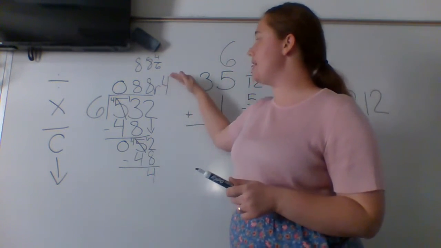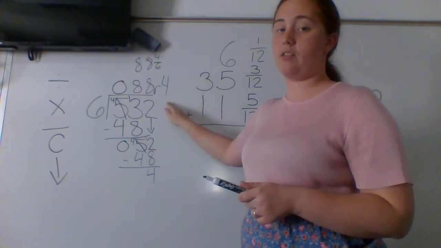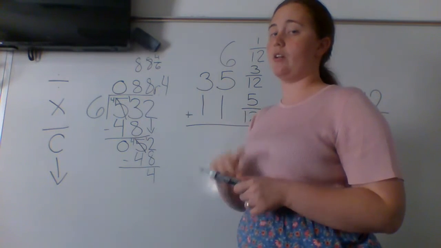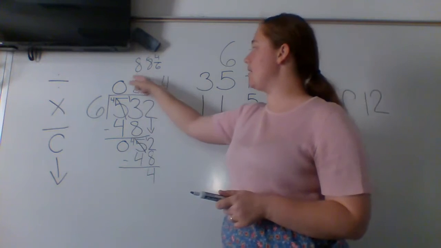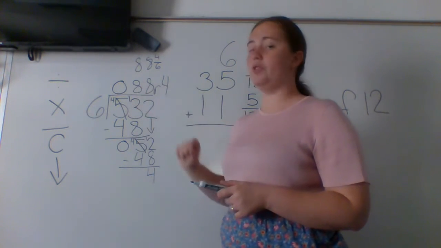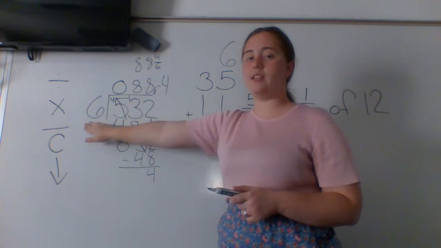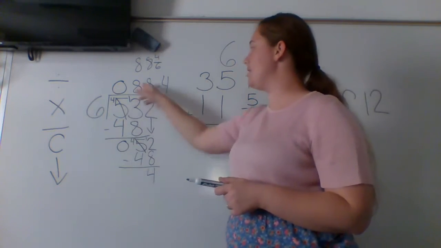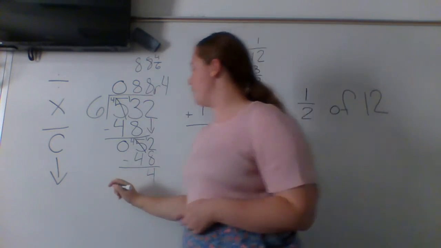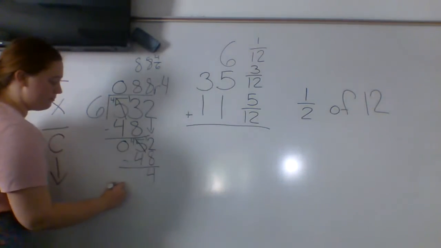Okay, another thing is we will have to check this, but I trust that you already know how to check. We're just taking my answer, 88, multiplying it by this number out here, 88 times 6. Let's do it down here actually.